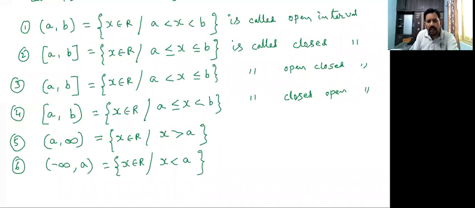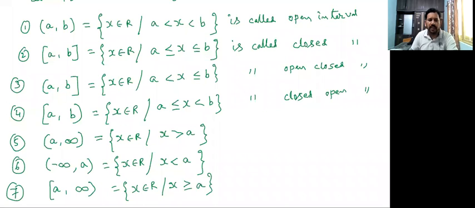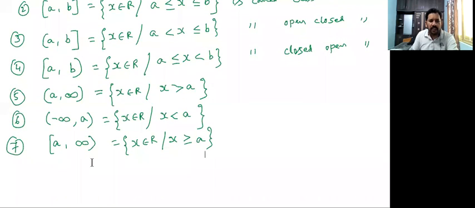Less than a means going up to minus infinity. See the number line, then you will understand. Next, closed a comma infinity, open. How to write it? x belongs to R such that x is greater than or equal to a. This is the symbol. x greater than or equal to a is written as closed a comma infinity, open.